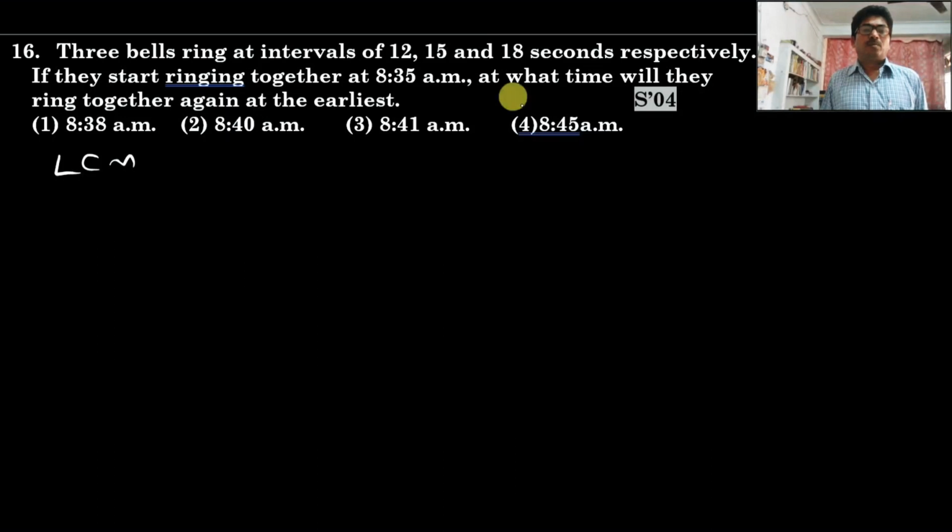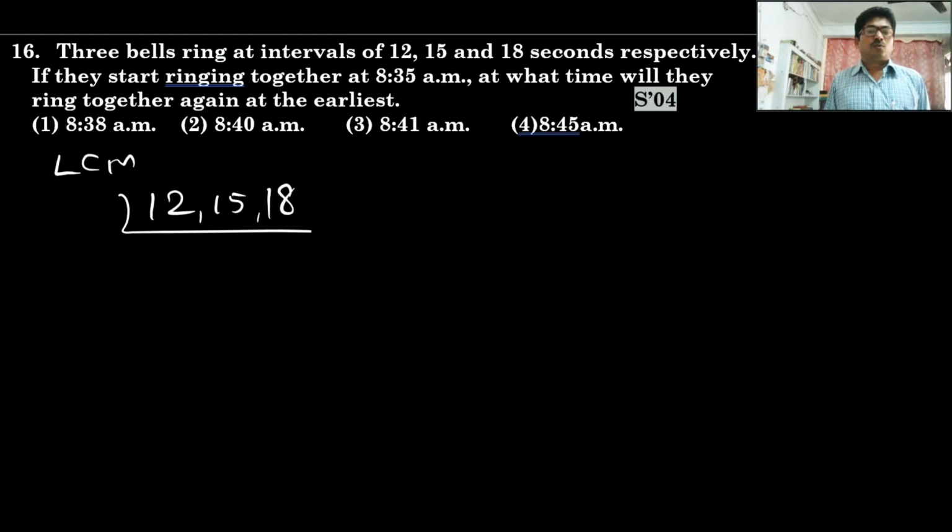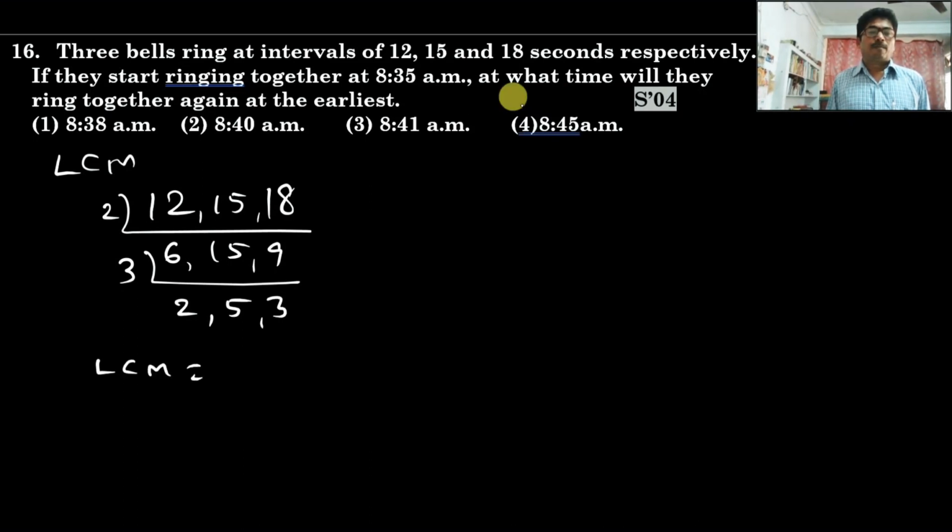LCM of 12, 15, 18. These are seconds, children. We divide with the 2 table first. 2 6s are 12, bring down 15, 2 9s are 18. Next the 3 table, 3 2s, 3 5s, 3 3s. So the LCM of these numbers is 2 into 3 into 2 into 5 into 3.